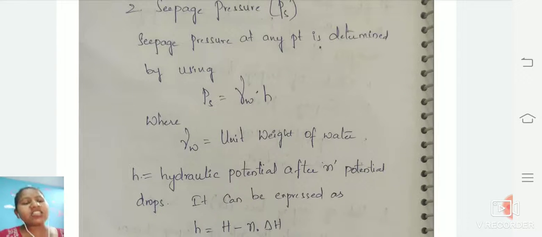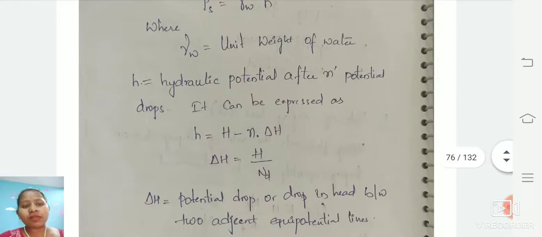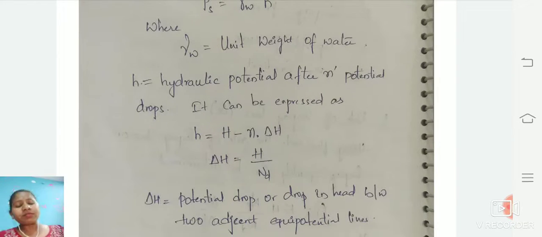If we have taken only 2, then n will be 2, if 3 then 3, and so on, like 8 or whatever the number taken. You have a formula for this. And delta H here is the potential drop, the equivalent height of the drop, which we will be taking into consideration also.